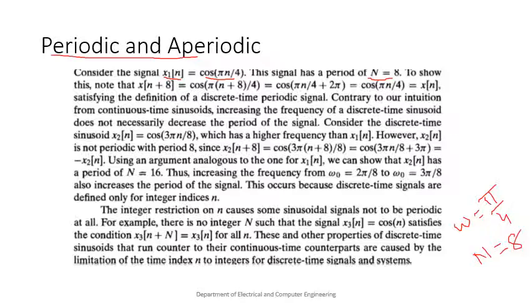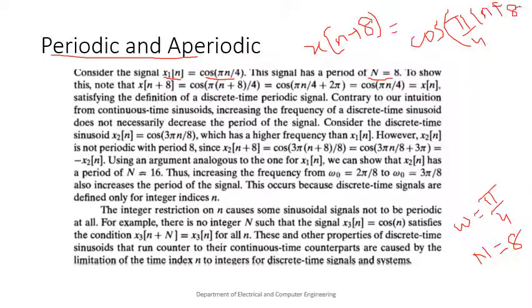To show this, note that x of n plus 8 means we are adding cos of pi by 4 times (n plus 8). This becomes cos of pi n by 4 plus 2 pi.